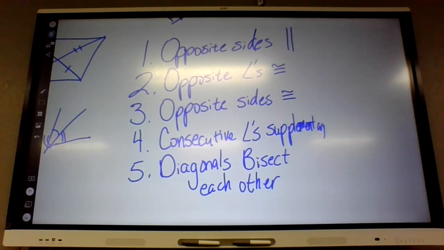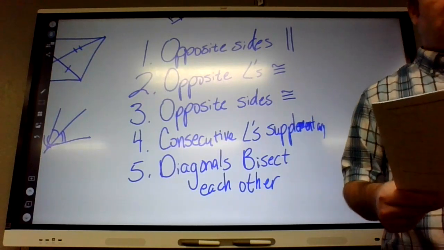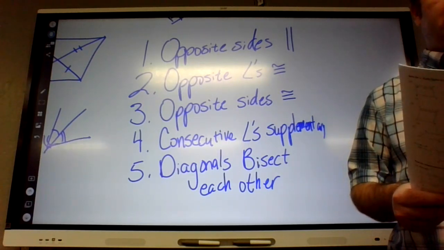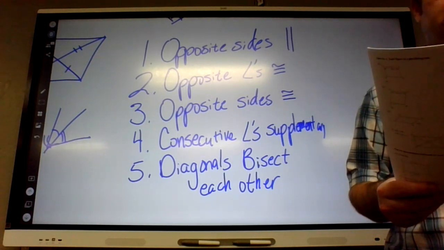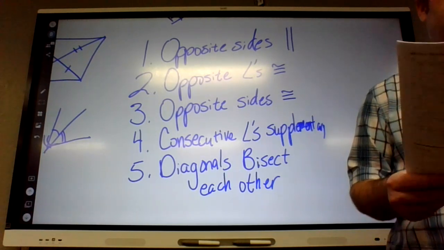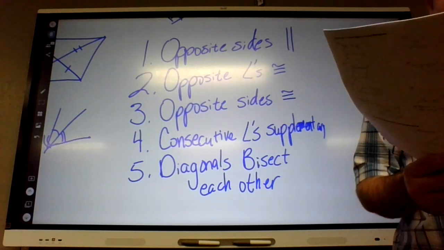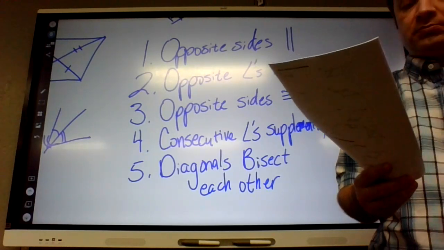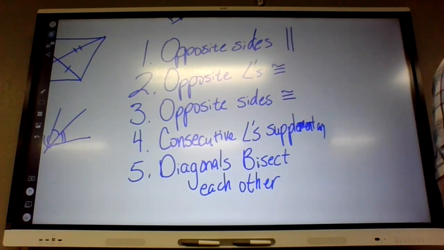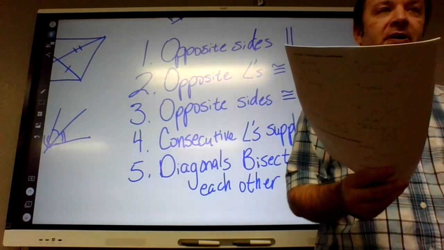Number 1. Angle R has to be what? 135. Yes, opposite angles are congruent. Number 3, how do we find angle B?